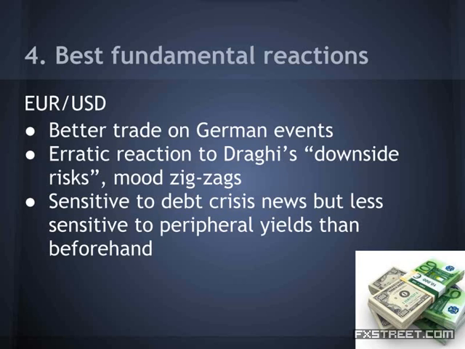Of course, apart from the rate decision, which is what I'm talking about now. We always see an erratic reaction to what Draghi says. Each time he says downside risks, which is usually a very common part of his text, you see the euro fall. It's usually a false move. And it's important to note that Mario Draghi, the president of the ECB, zigzags from optimism to pessimism, from rate decision to rate decision.